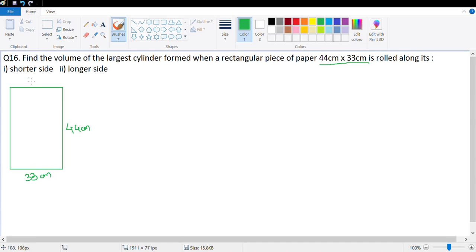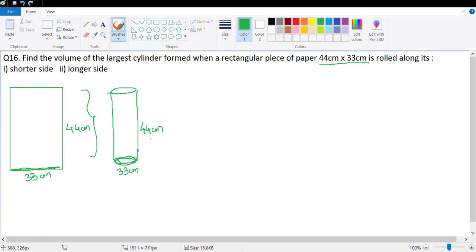So when we roll it along the shorter side, which means I start rolling from this side, what I will end up with would be a tallish cylindrical box, something like this, with the height 44 centimeter, and this is what will form the circumference here, and this would be 33 centimeter.